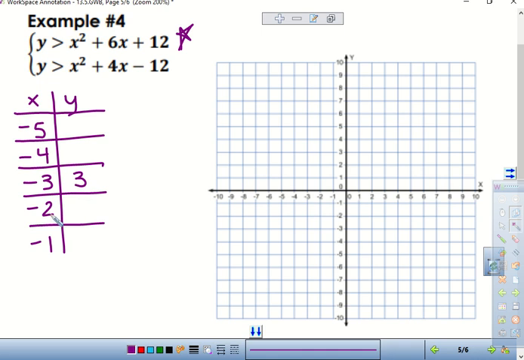If I plug in a -2, I get 4 minus 12, which is -8, plus 12 is 4. And then if I plug in -1, I get 1 minus 6, so it's going to be negative 5 plus 12, which is 7. So once I have those points, I can graph them.